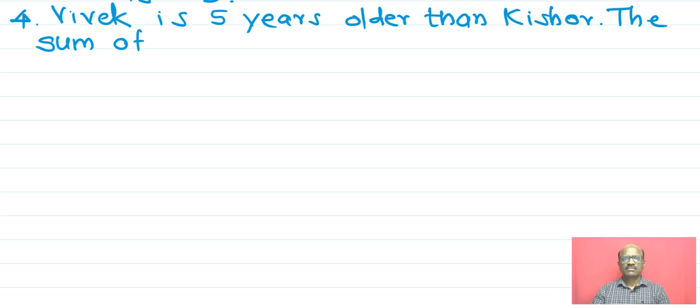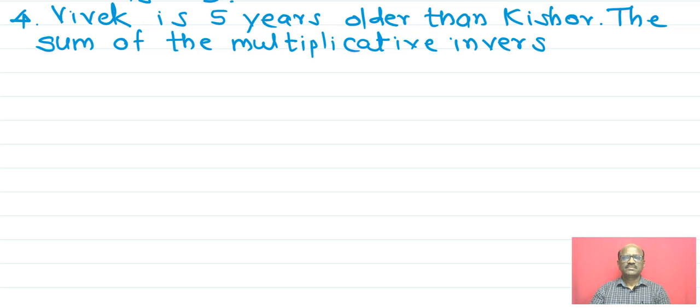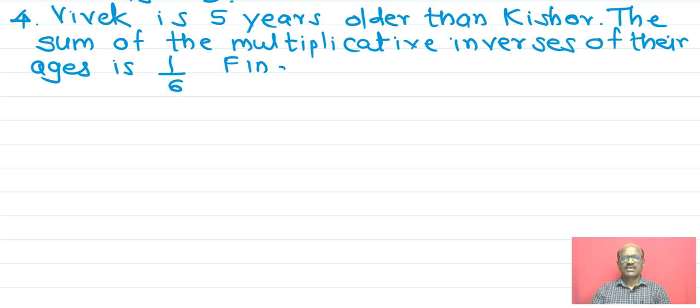The sum of the multiplicative inverse of their ages is 1 by 6. Find their present ages.